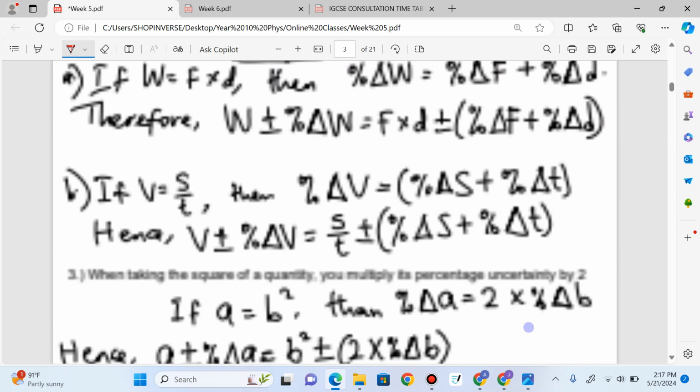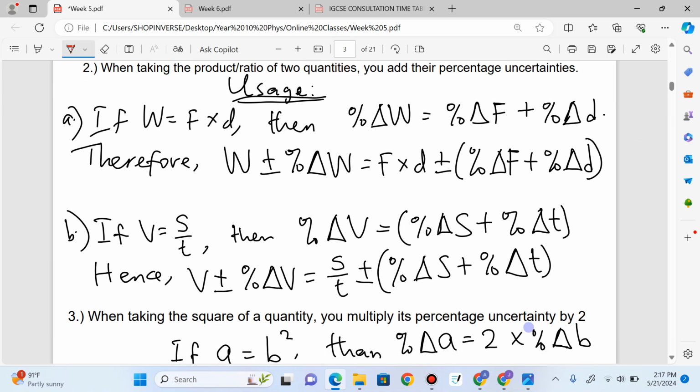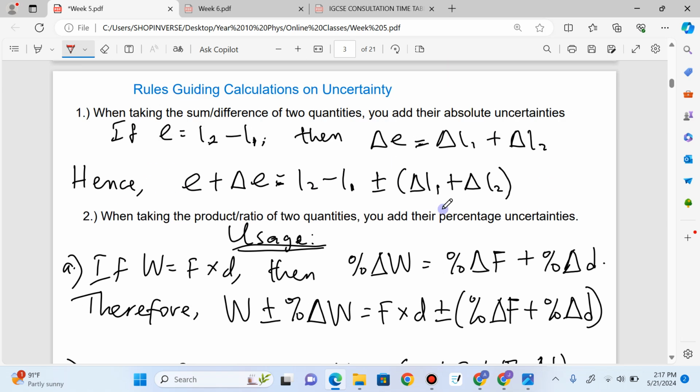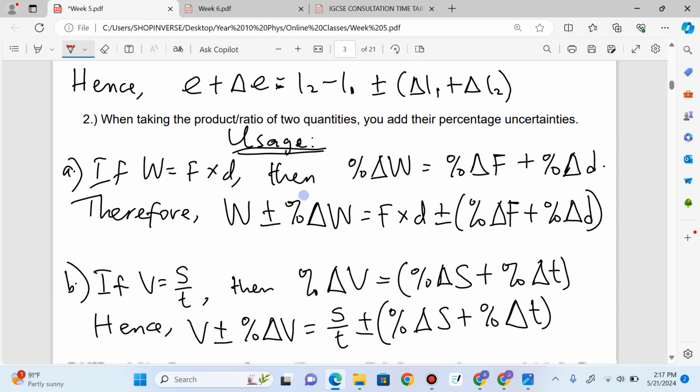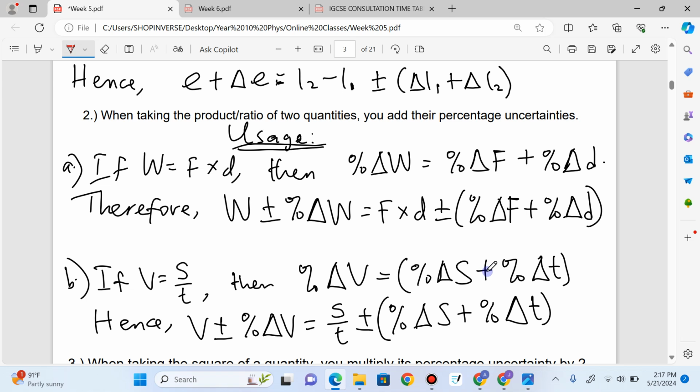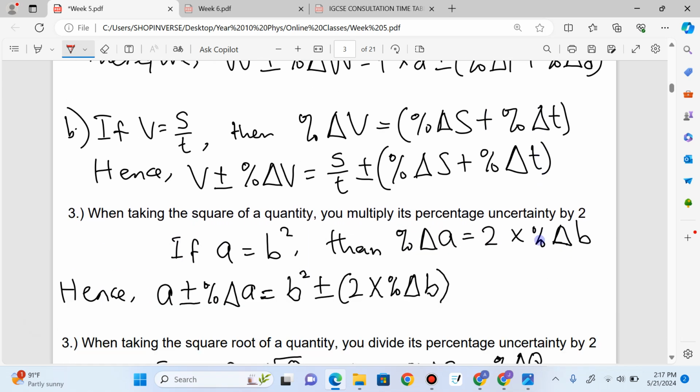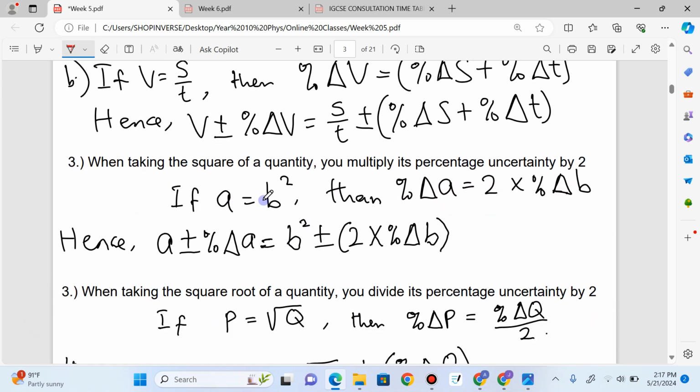There are other rules guiding uncertainty. We've only dealt with addition, where addition and subtraction is the same thing, just add the absolute uncertainty. When it comes to multiplication and division, you add the percentage uncertainty. When you are dealing with the square of a number, if A equals B square, what will you do?